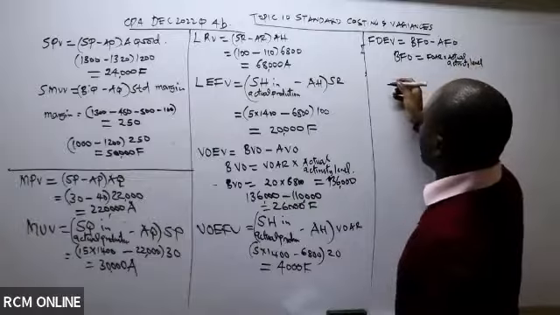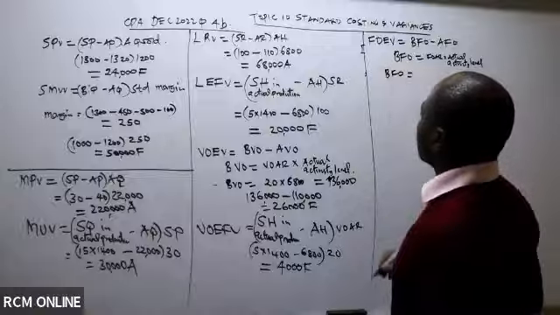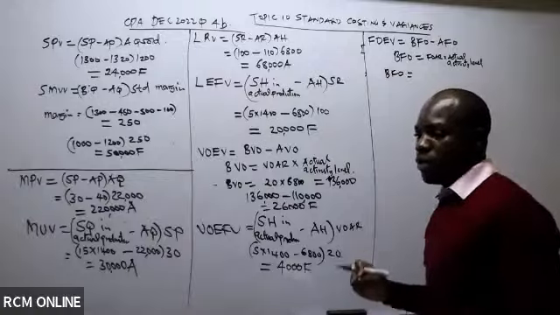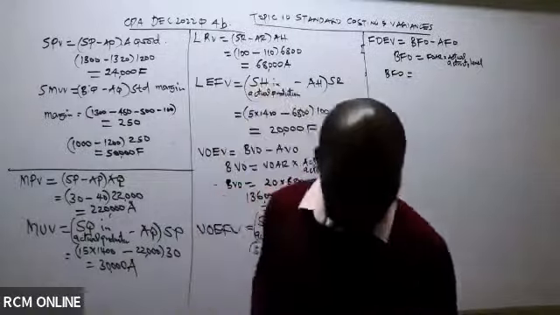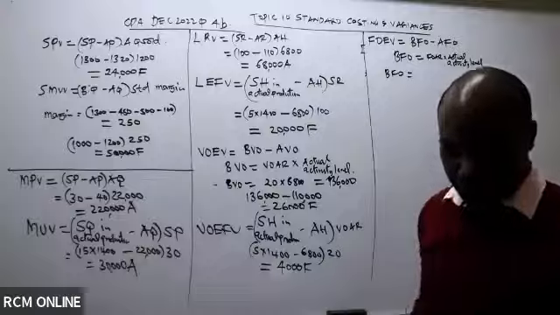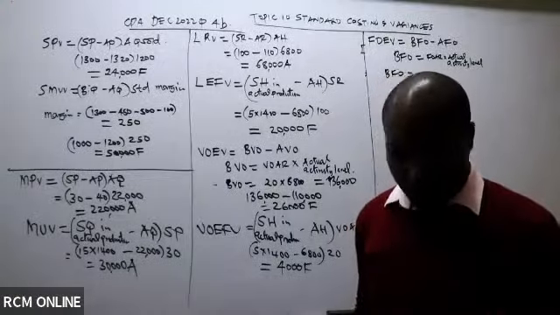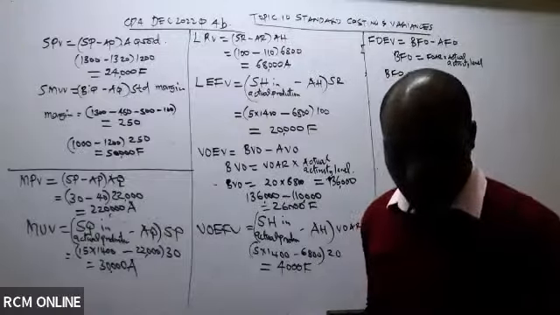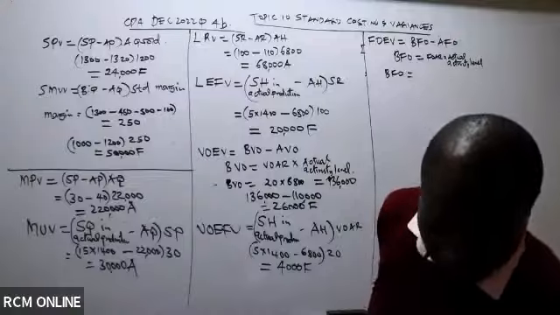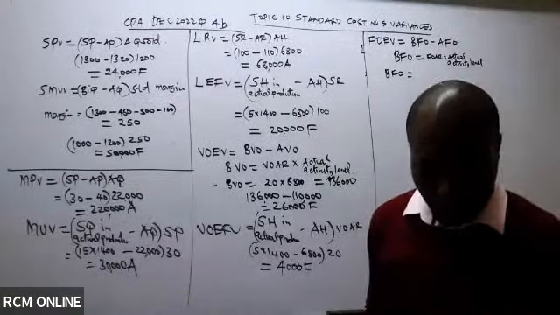So can we get budgeted fixed overhead? It is the fixed overhead absorption rate. What is our fixed overhead absorption rate? If you've been in this class, then you'll be able to tell us what our fixed overhead absorption rate is.